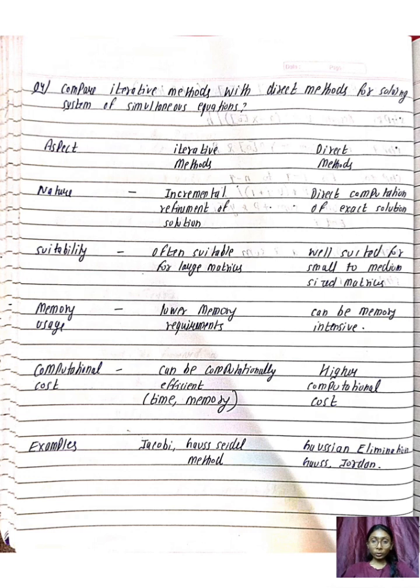Memory usage: lower memory requirement in iterative methods, and direct methods can be memory intensive. Computational cost: iterative methods can be computationally efficient in time and memory, and direct methods have higher computational cost. Examples of iterative methods are Jacobi and Gauss-Seidel method, and examples of direct methods are Gaussian elimination and Gauss-Jordan.